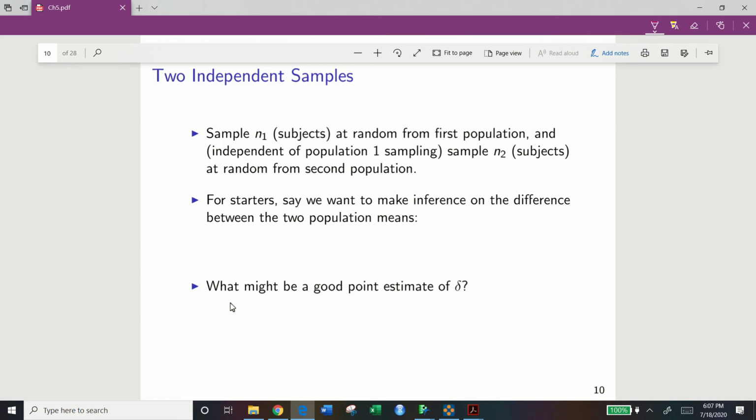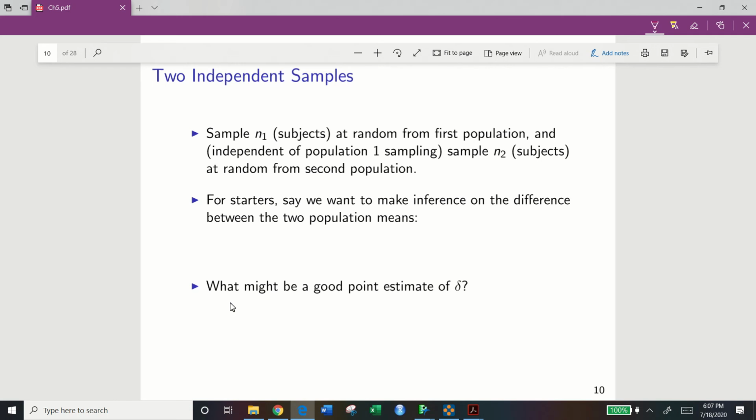Now, as an assumption, we assume that sample 1, with n1 subjects, is drawn randomly from our first population, meaning it's an independent population 1 sampling, and our sample 2 subjects are also drawn randomly from a second population.